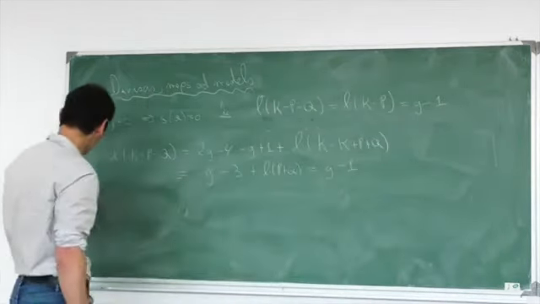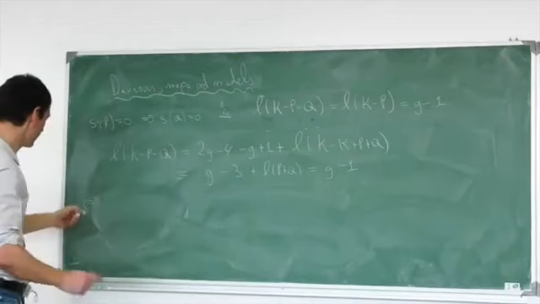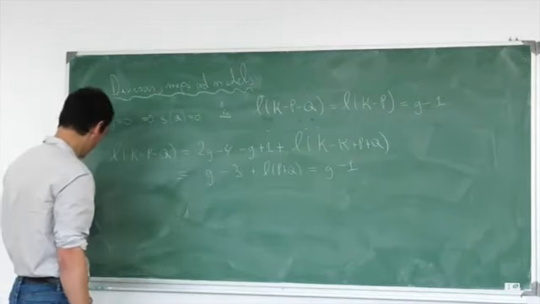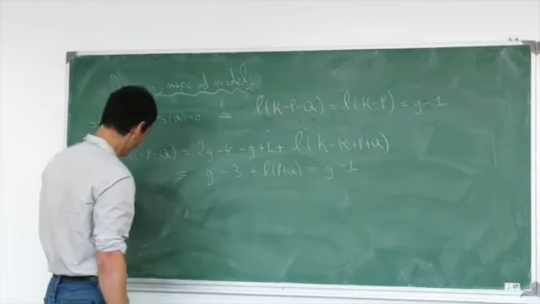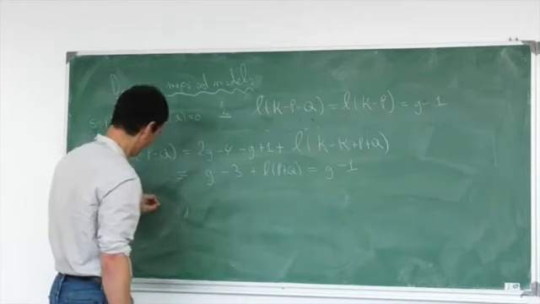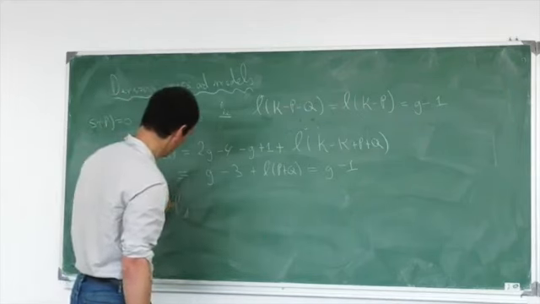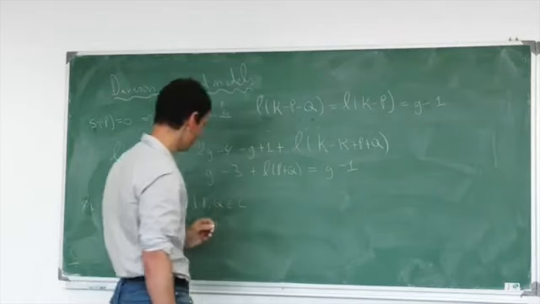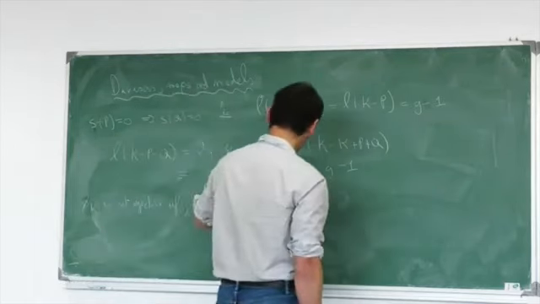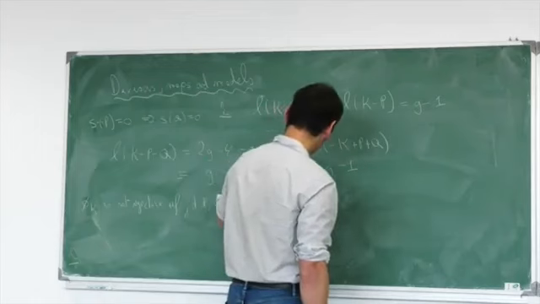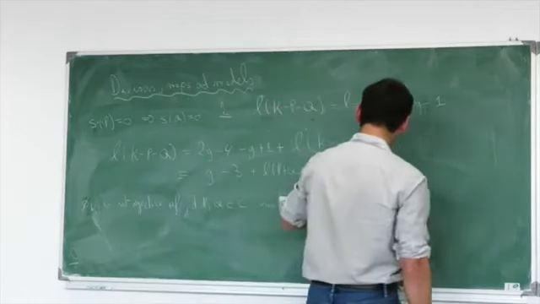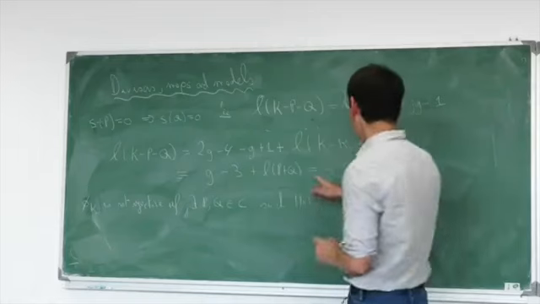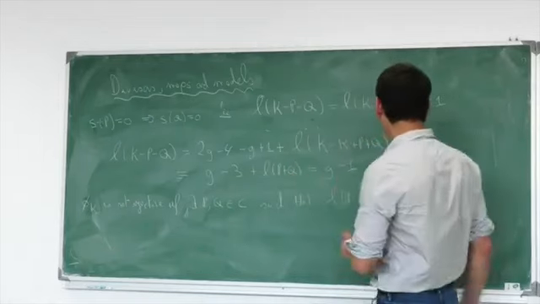So the conclusion is that phi kappa is not injective if and only if there exist P and Q on the curve such that L of P plus Q, after I cancel the g, is equal to 2.